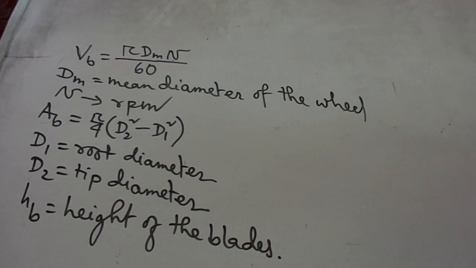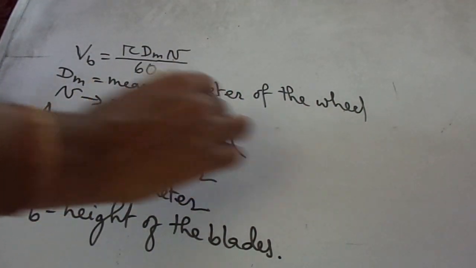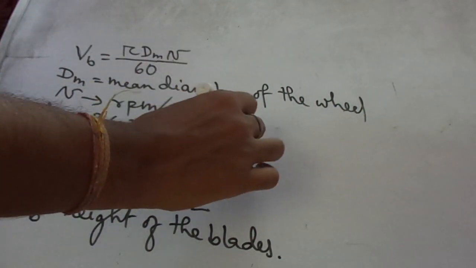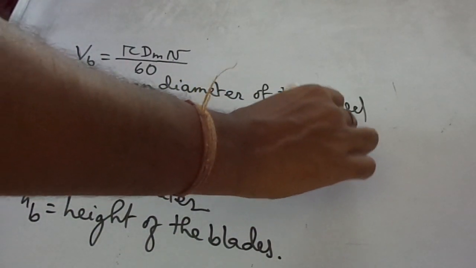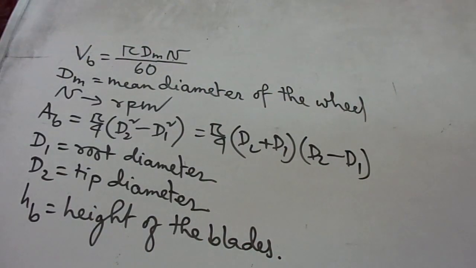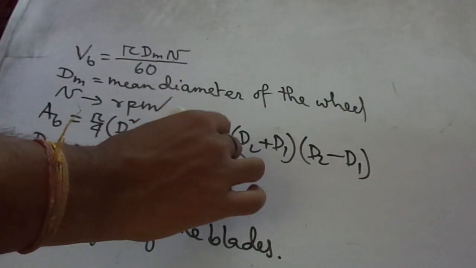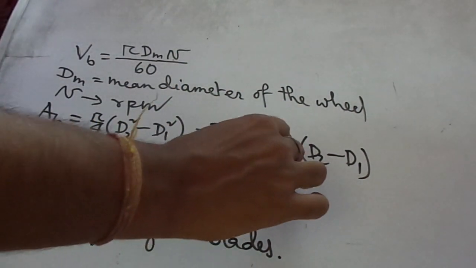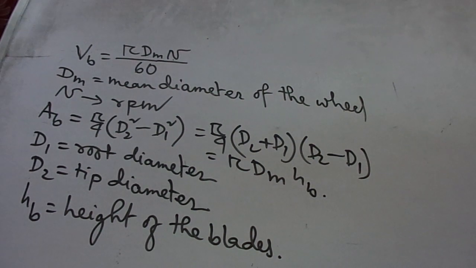That is equal to pi by 4 (D2 square minus D1 square), that is pi by 4 (D2 plus D1)(D2 minus D1), so that is equal to pi Dm HB, where HB is the height of the blade.